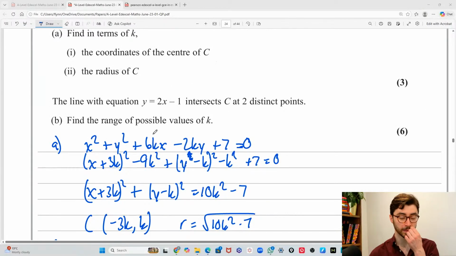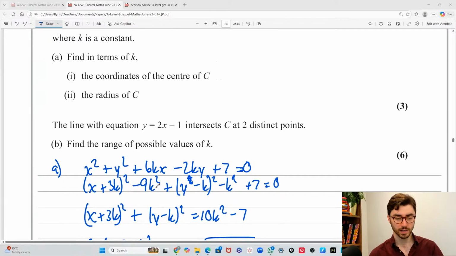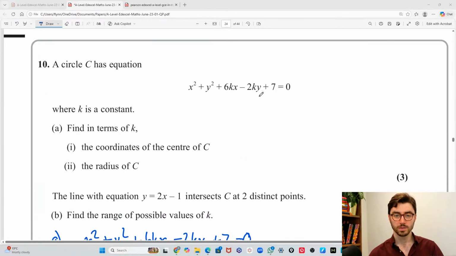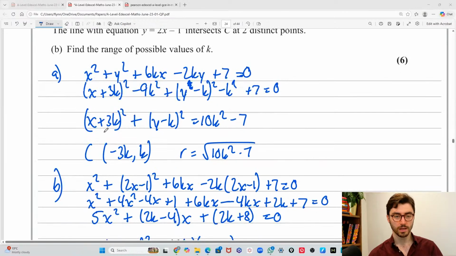This really is just completing the square. So 6k becomes 3k, square that for 9k squared, take that off. 2k minus 2k becomes minus k. That squared becomes k squared, take that off. So 3 plus that equals 10k squared minus 7. Cool.